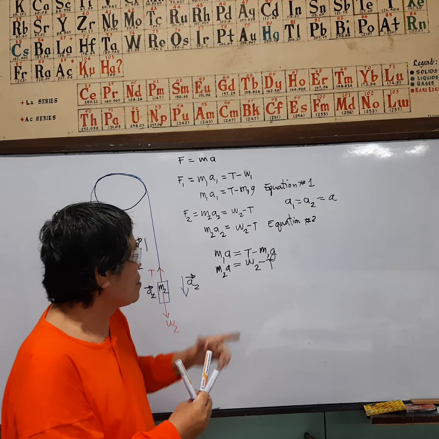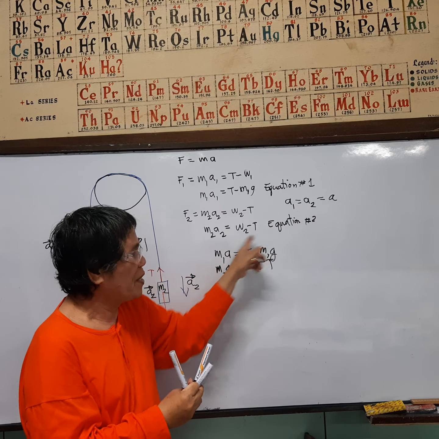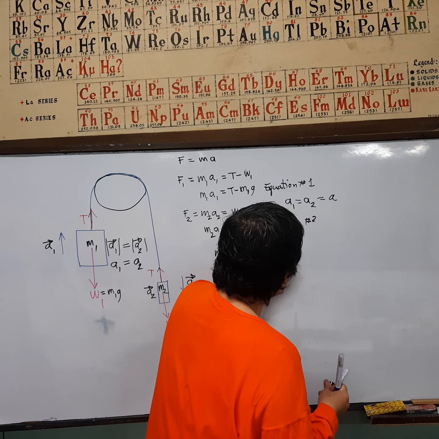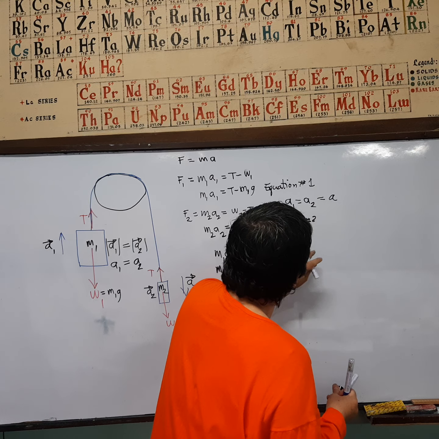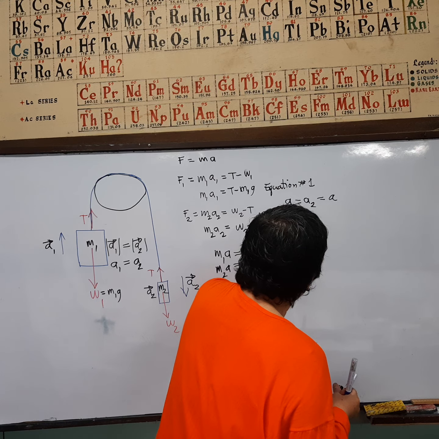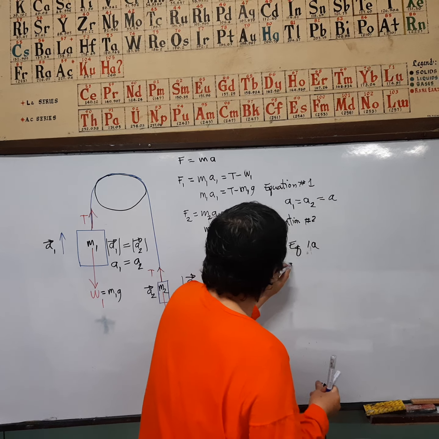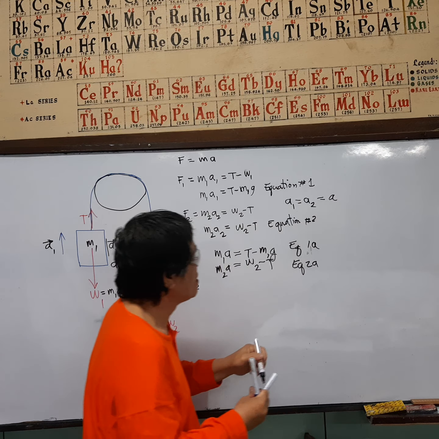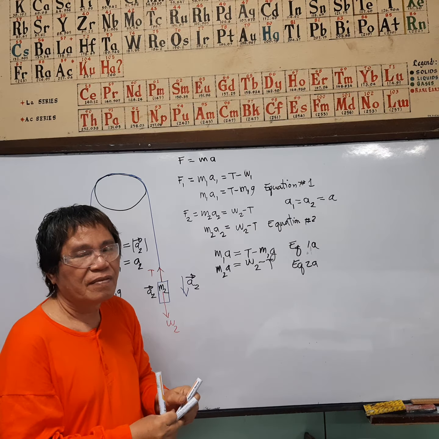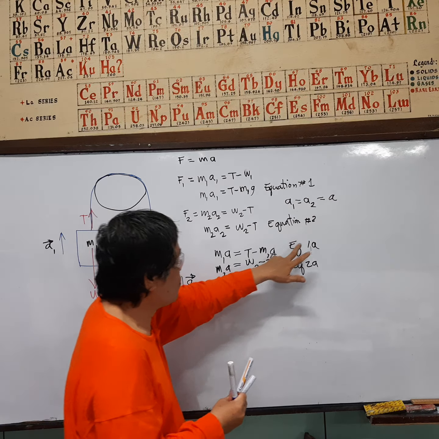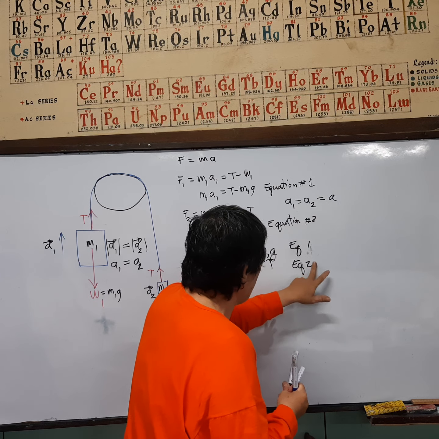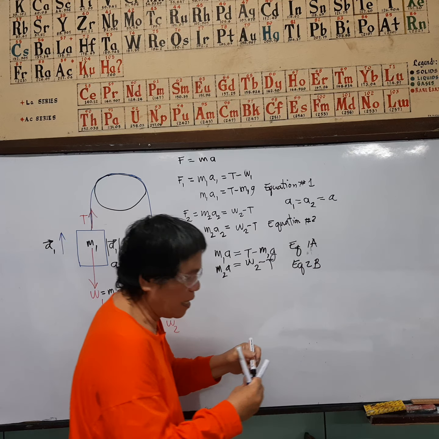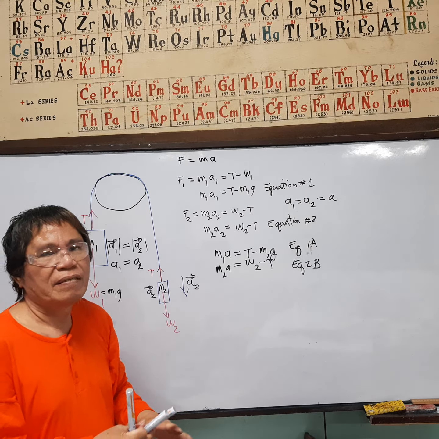W2 minus tension, that is equation number 2. So this will become equation 1A, and this one will become equation 2A. Or, so that you will not misconstrue the A as acceleration, 1A, 2B, big letters A and B.